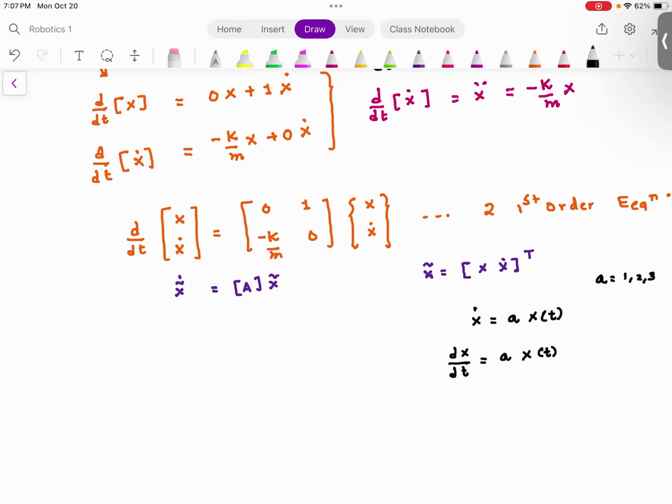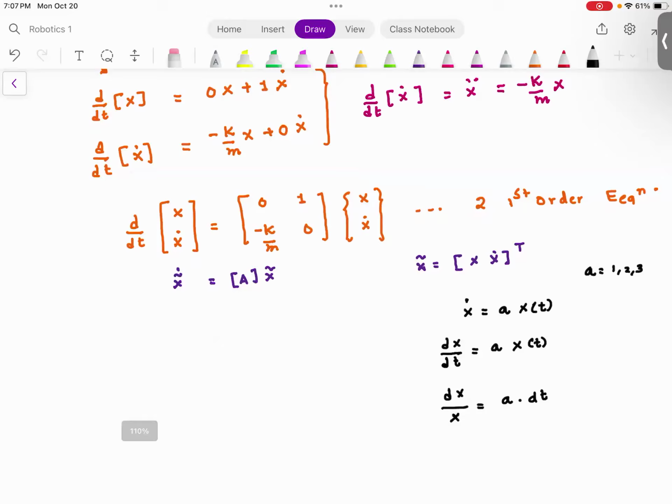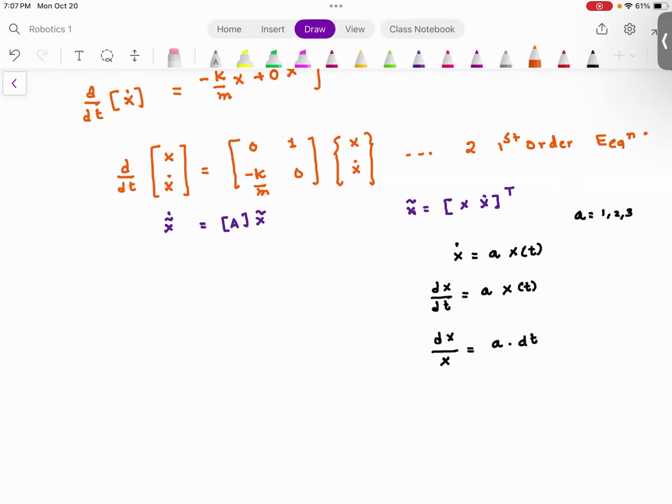Take all the x's on one side: dx divided by x is equal to a times dt. Do you agree with me? Then integrate both sides. The integration of dx over x is natural log of x.